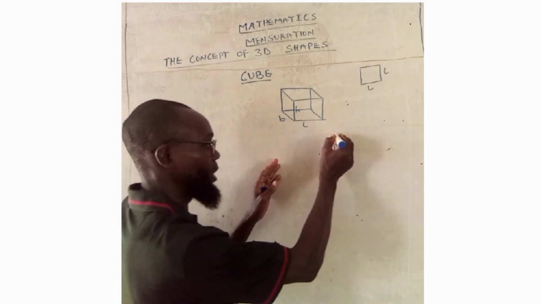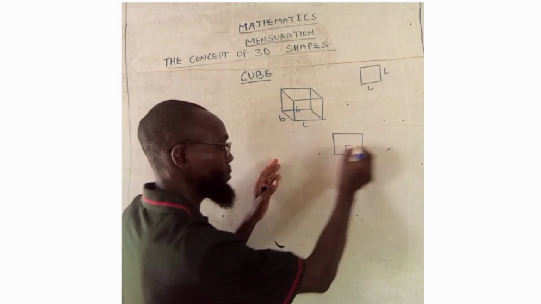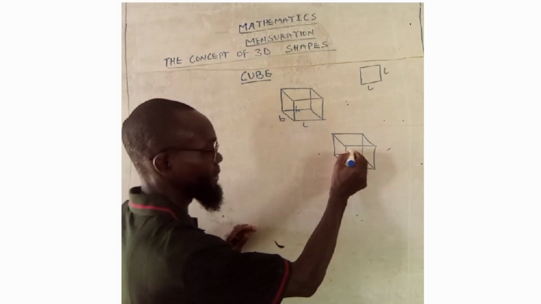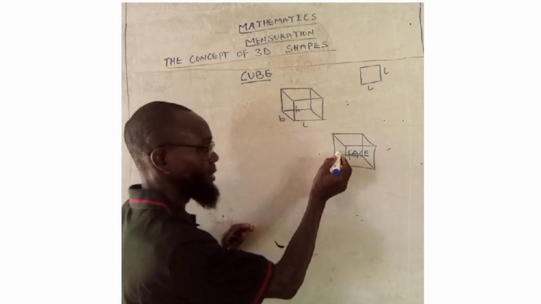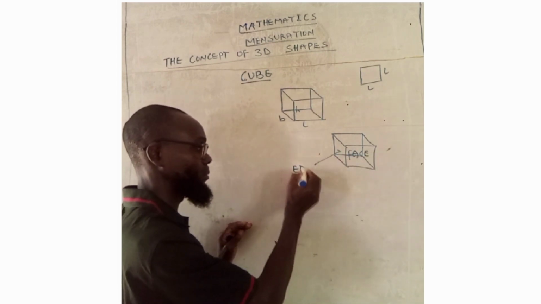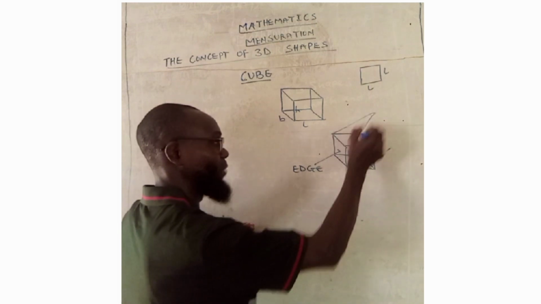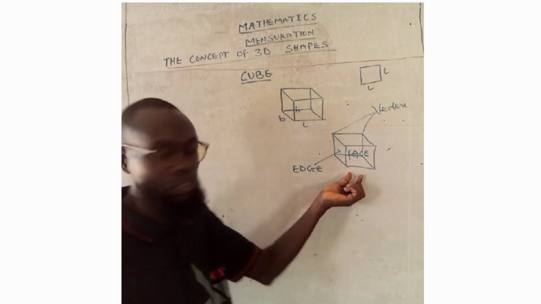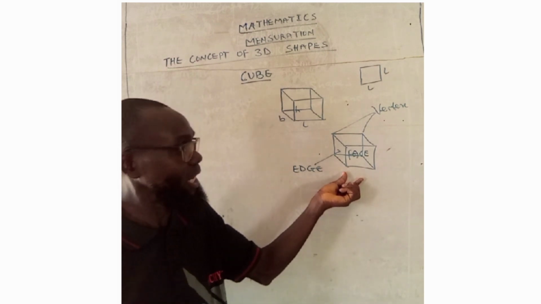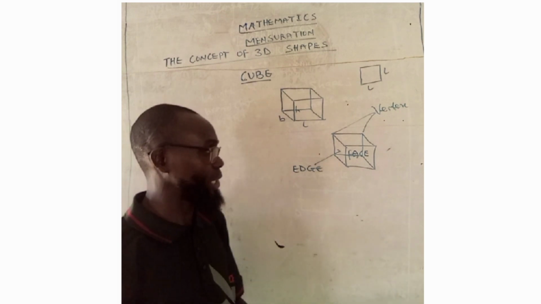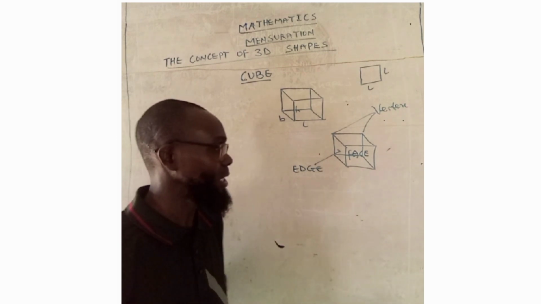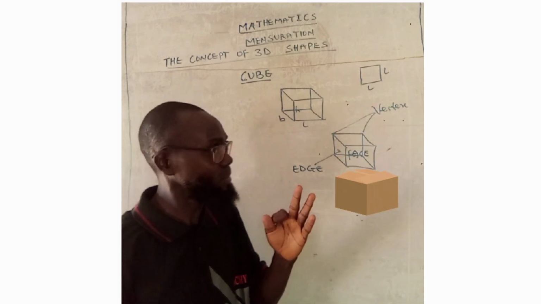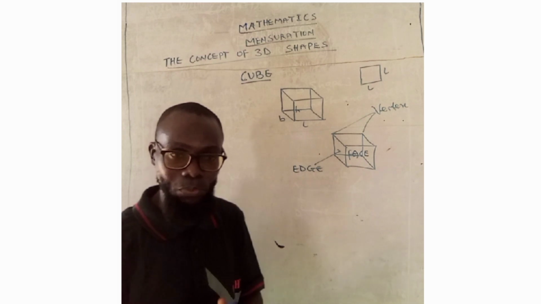When we draw the cube, once again, this is the face, this is the edge, while we have the vertex. Examples of a cube are a dice, a sugar cube, a box.